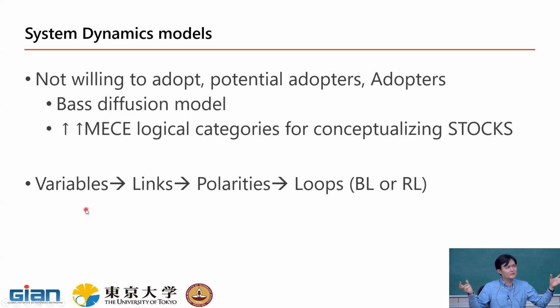There's a lot of complicated information, and you want to try and identify a variable within that information. Once you can zoom in on a variable, you think about how they're connected to each other. You figure out the links, and then you identify polarity. Is it going up or is it going down, depending on the relationship? And then when you start connecting all those together, you start identifying balancing or reinforcing loops. So is it getting worse or better or weaker? Or is it releasing pressure buildup within the system? That would be the difference between balancing and reinforcing.